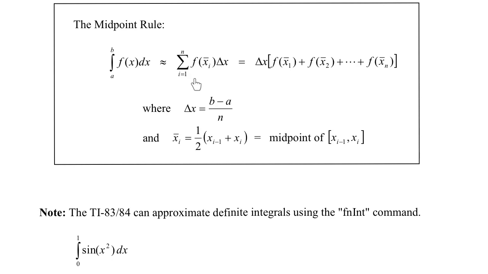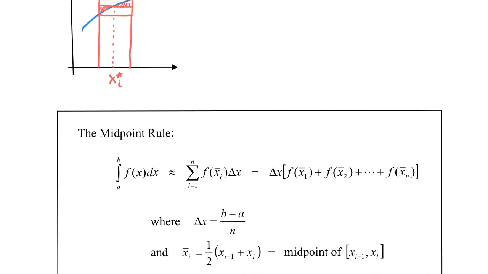So you're finding the height of the rectangle by using the number right in between these two endpoints, right? If you look at our picture we had before, let's say this is x sub 4 and this is x sub 5. This is the number right in between those two.